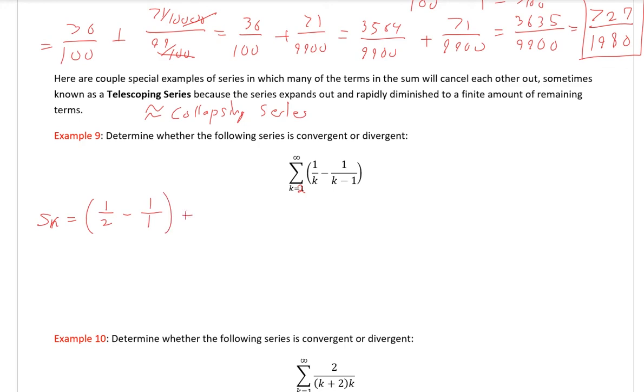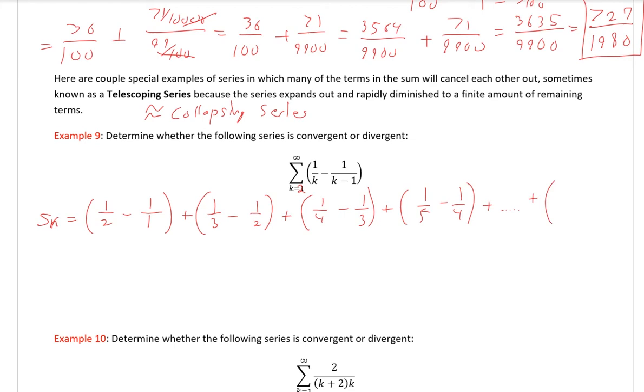And then that would be the first set. Plus, if I plug in 3, I get 1/3 minus 1 over 3 minus 2 is 1/2. Then I get 1/4 minus 1 over 4 minus 1 is 1/3. You should start to see this pattern here so far. Then 1/5 minus 1/4, etc., etc.